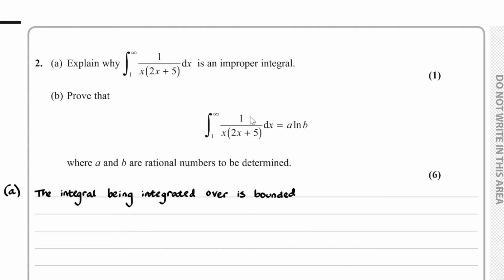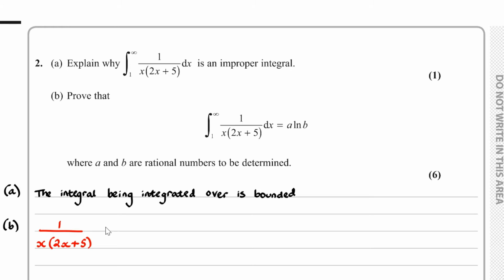Well, first of all, if we consider this 1 over x lots of 2x plus 5, we can rewrite this using partial fractions. So we will consider this bit over here, where we've got the 1 over x lots of 2x plus 5.